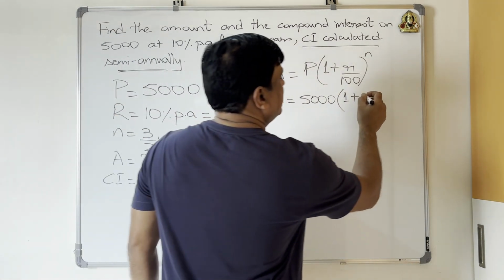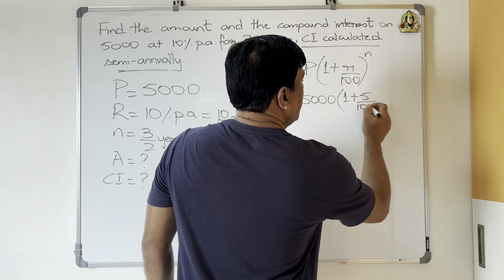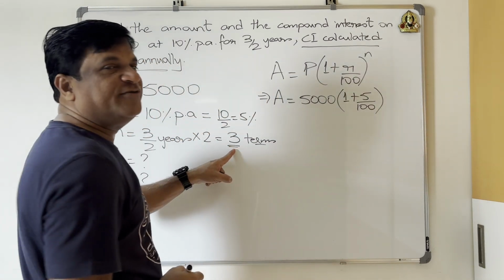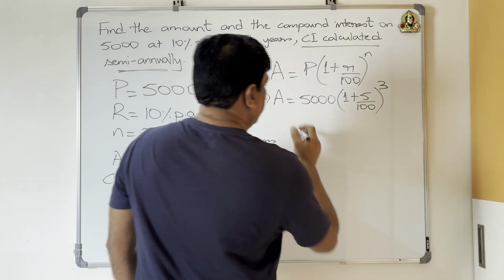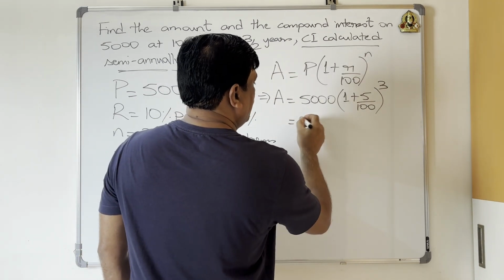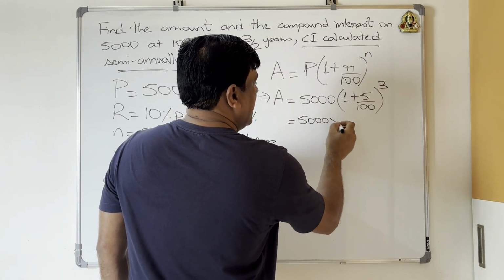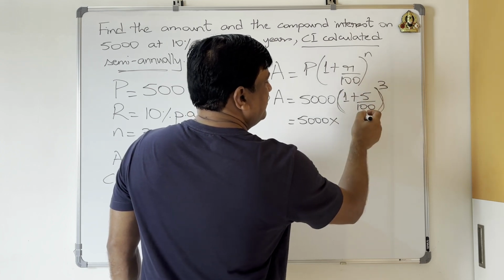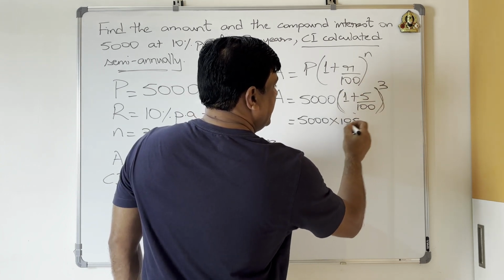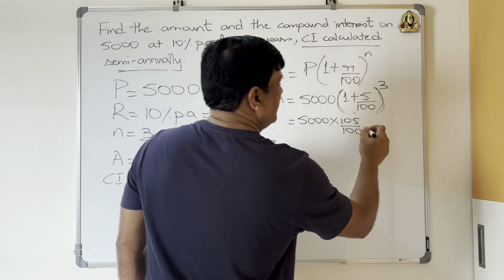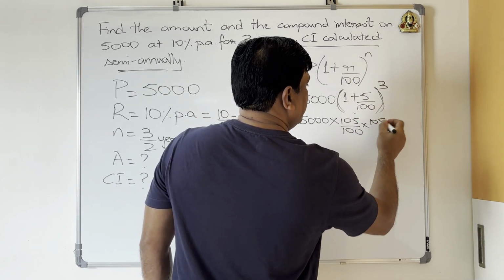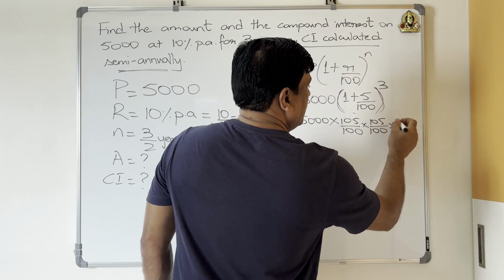So we plug that rate over here, 5 by 100, and the term comes out to be 3 terms. So n will be 3. When you expand this bit, 5000 into 105 divided by 100 to the power of 3.